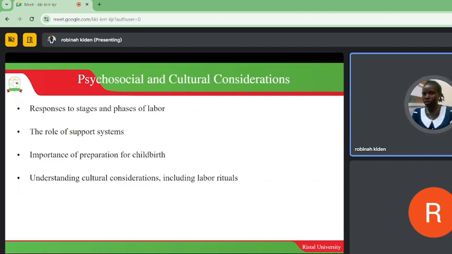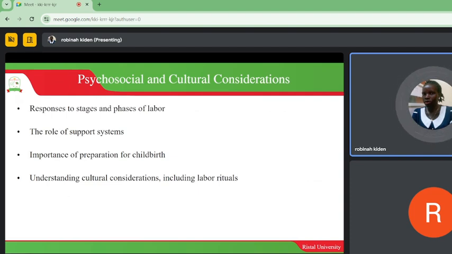Psychosocial and cultural considerations. When talking about psychosocial and cultural considerations, we are looking at responses to stages and phases of labor. How is the mother responding to this? How is she behaving during this time of labor? Then the role of support systems.